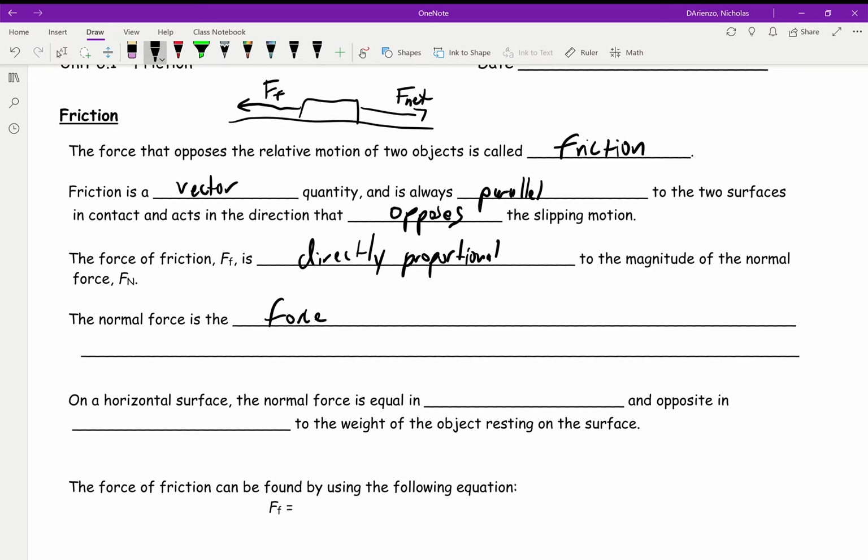is actually the force that is pressing whatever two contacting surfaces we are referring to, or that are in play here, and it's going to keep those two contacting surfaces together.